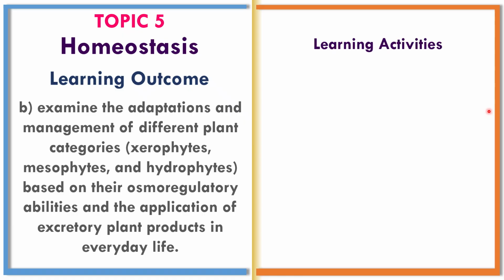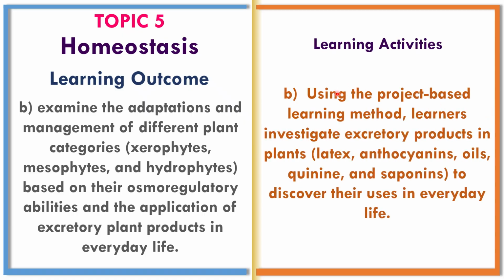We are going to look at learning activity B. Using the project-based learning method, learners investigate excretory products in plants, latex, anthocyanins, oils, quinine and saponins to discover their uses in everyday life.